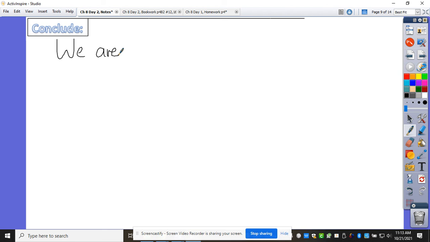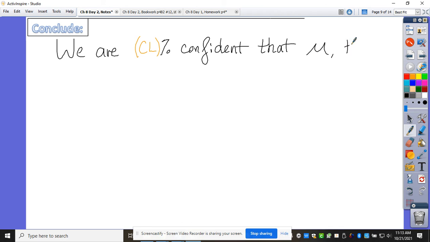So we are, whatever our confidence level is, percent confident that the true, what word definitely is going to be passed there?